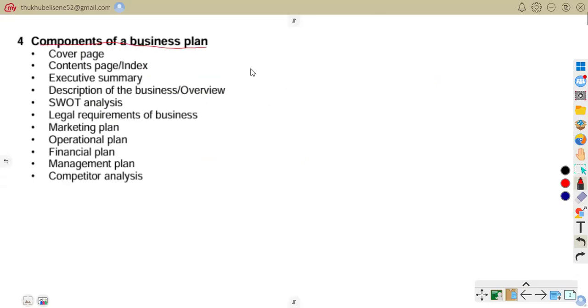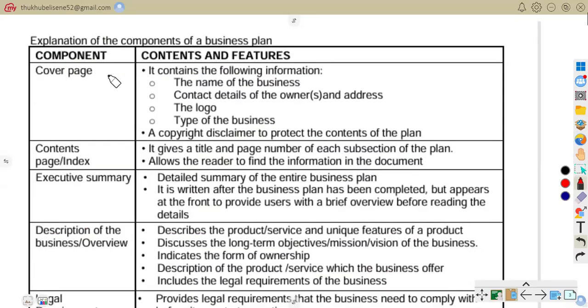These are the components: cover page, contents page, executive summary, description of the business, that is the overview, SWOT analysis, legal requirements, marketing plan, operational plan, financial plan, as well as competitor analysis. Let us get to the explanation of the components of the business plan.